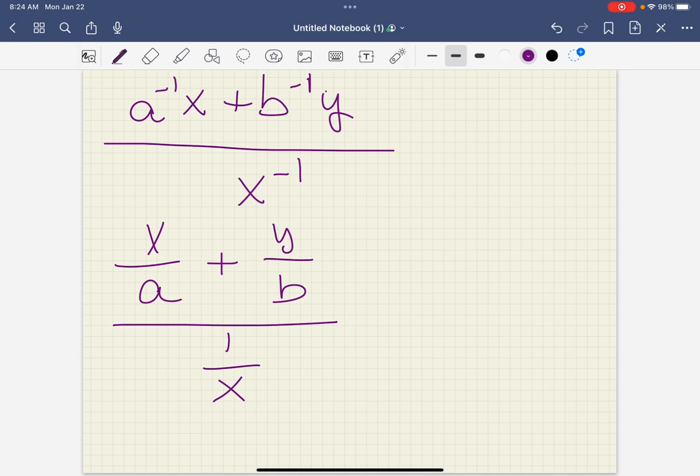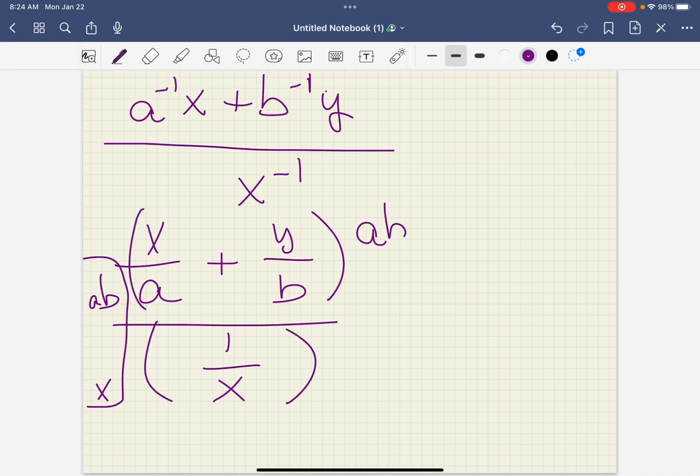So now in the numerator, the common denominator is going to be ab. In the denominator, the common denominator is x. So for both of these, the common denominator is going to be abx. So we're going to multiply both the numerator and the denominator by abx.